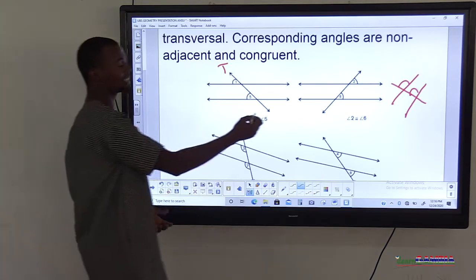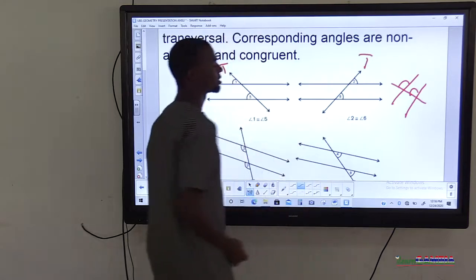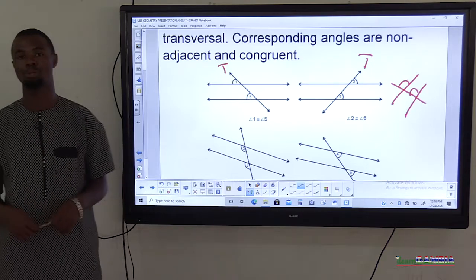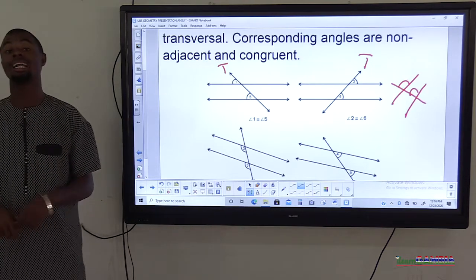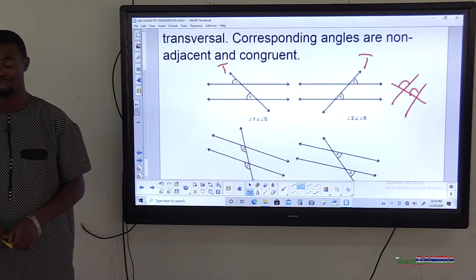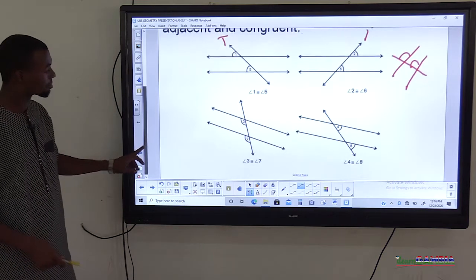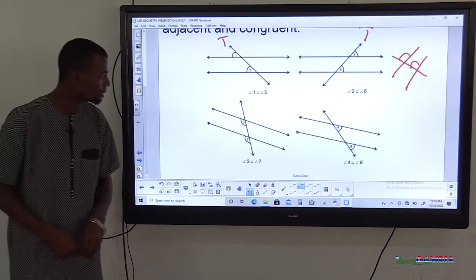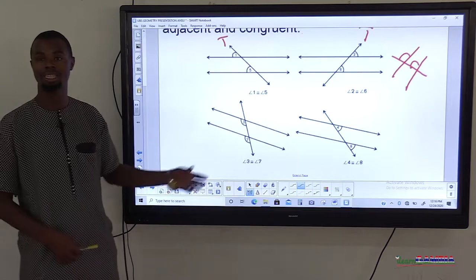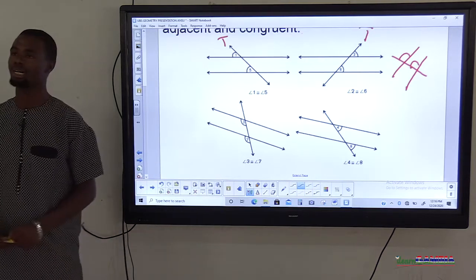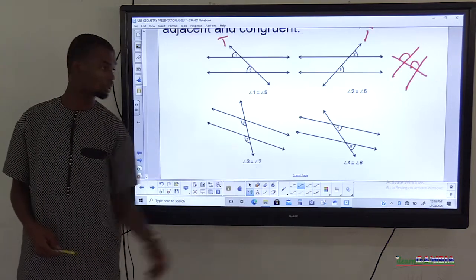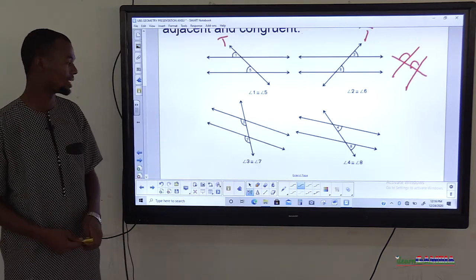Then angle 2 and angle 6: angle 6 is interior and angle 2 is exterior, on the same side, non-adjacent, so they are corresponding angles. Another example is angle 3 and angle 7, so they are corresponding angles. That is the fourth example.